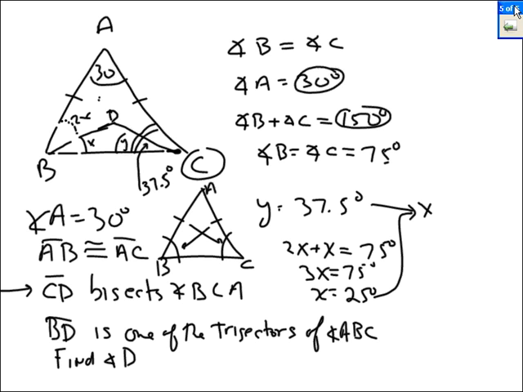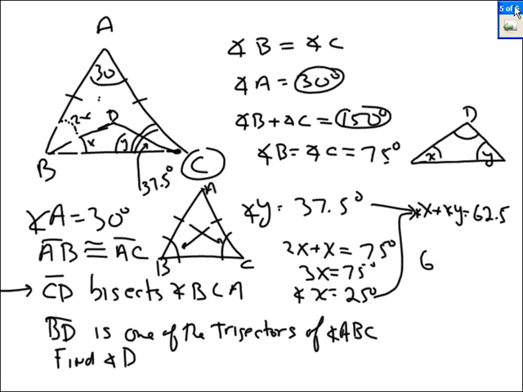Well, if you were to add angle x and angle y carefully, you would get 62.5. But those are 2 angles in that inner triangle. This is angle x, this is angle y, and there's D. Well, what do you add? So D is going to be whatever it takes to add to 62.5 to get 180.0.